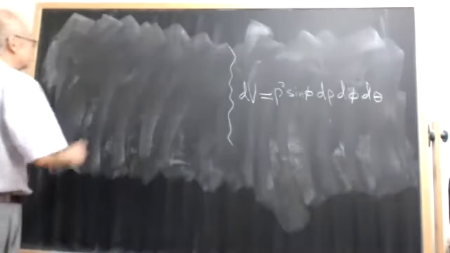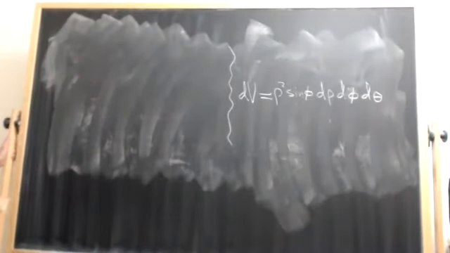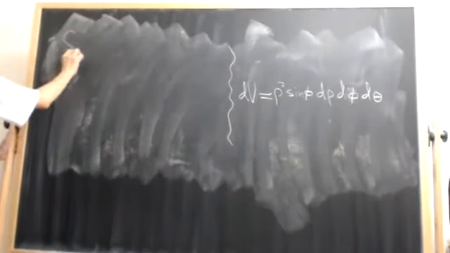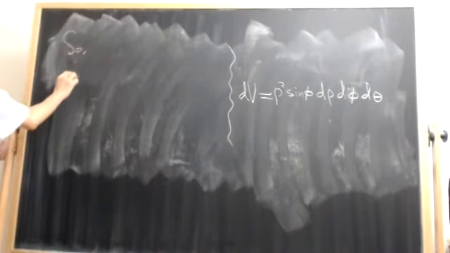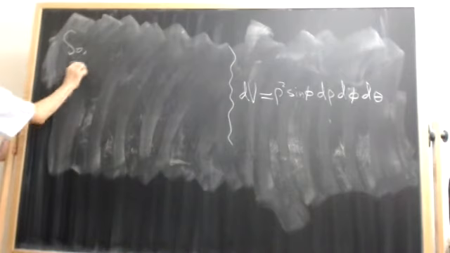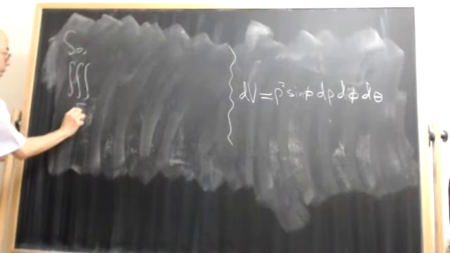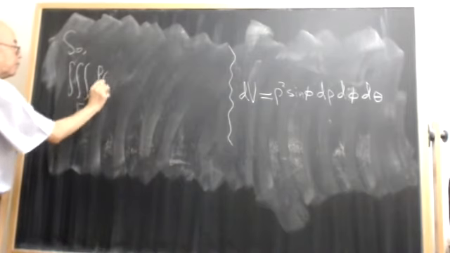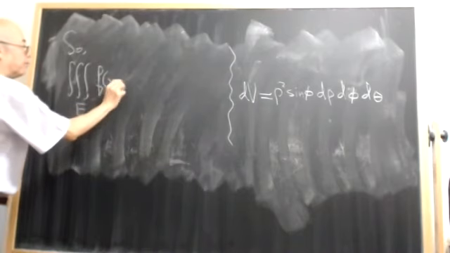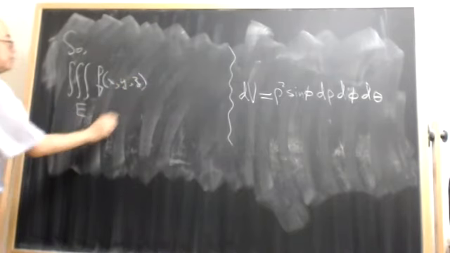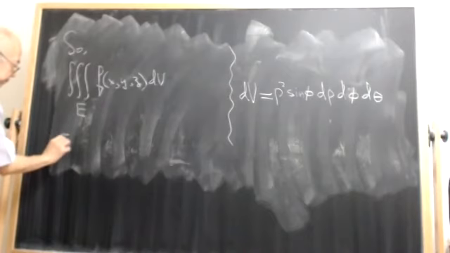I mean colorful in structure. So our triple integral is equal to the following thing.